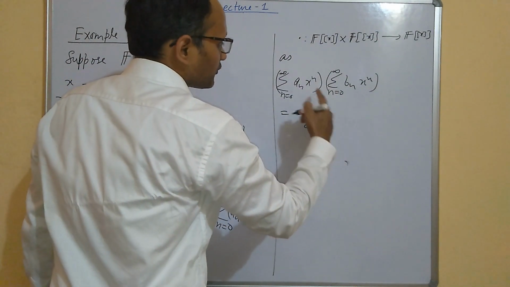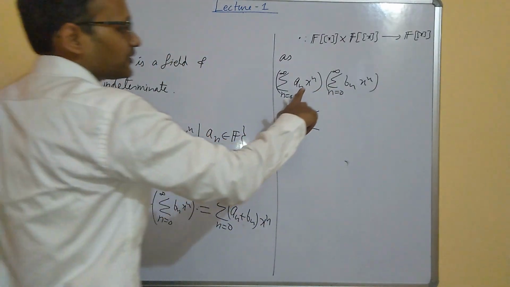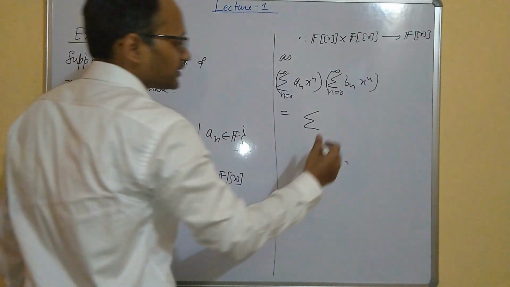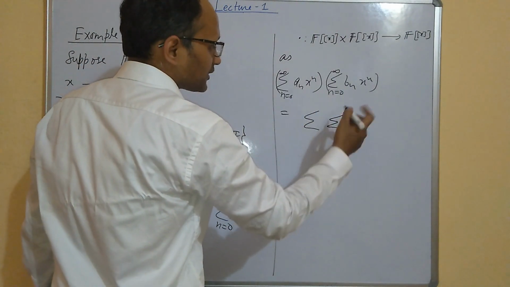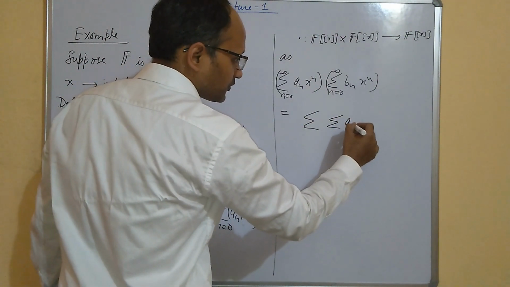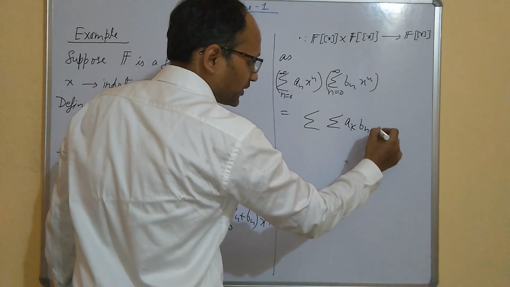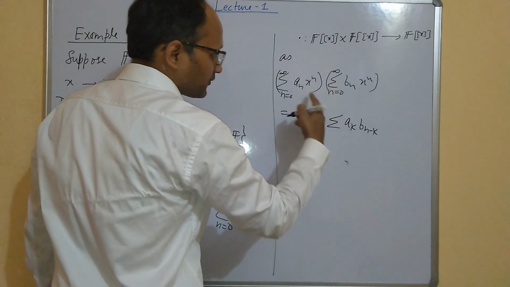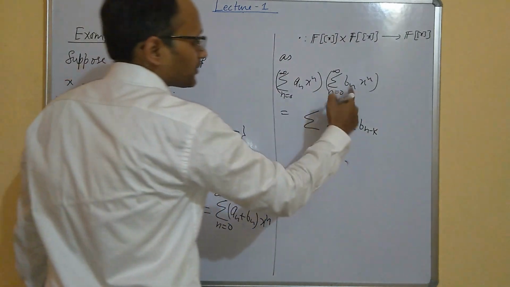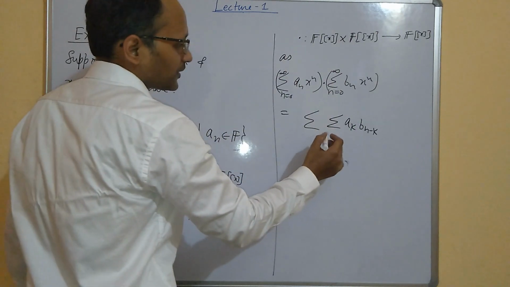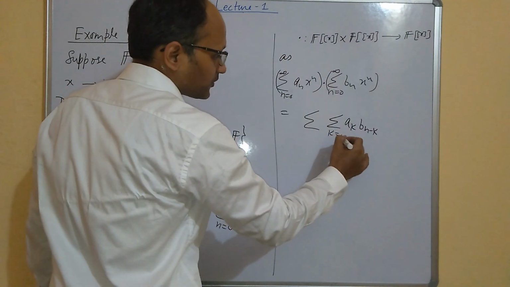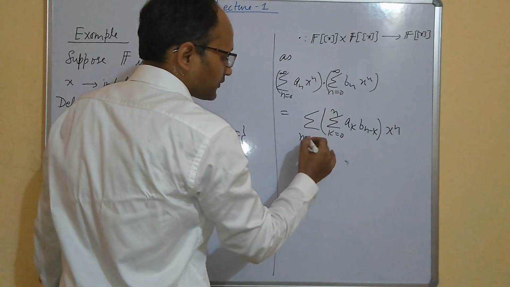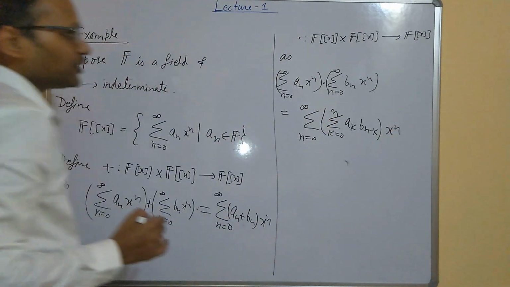After taking the product, we collect all the powers of x to the power n. The coefficient of x to the power n is the sum of a_k b_(n minus k), k varying from 0 to n.